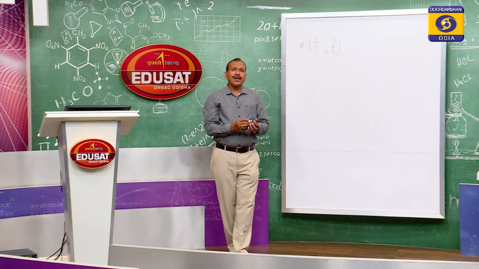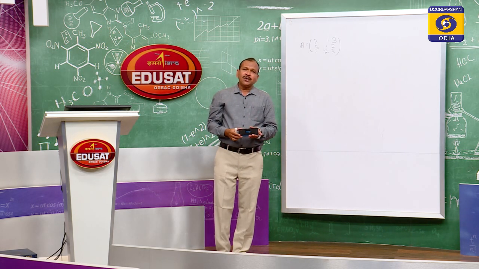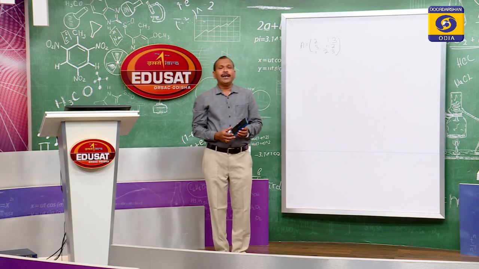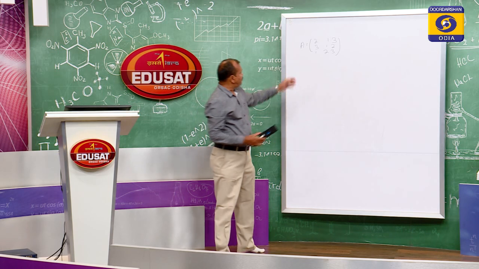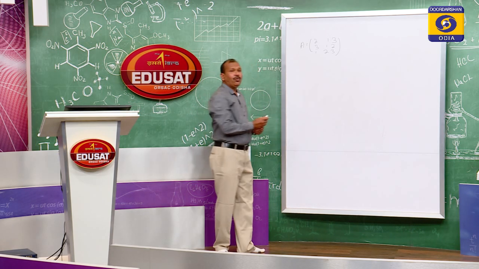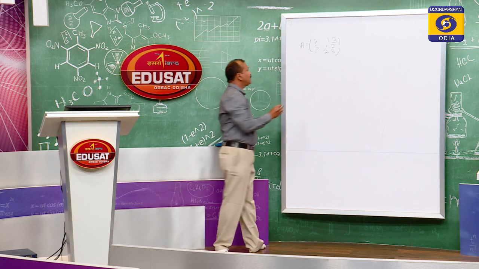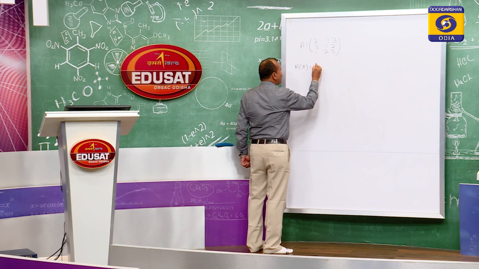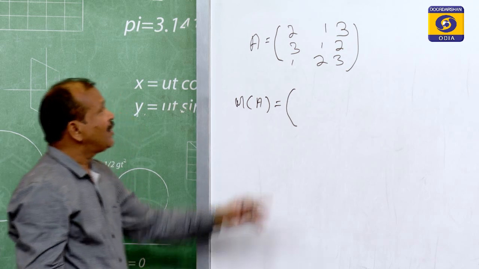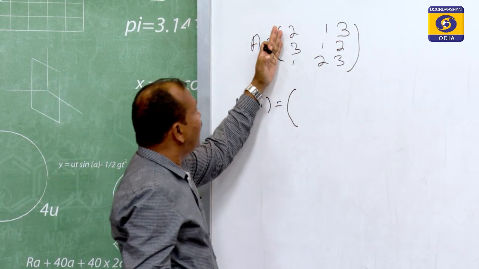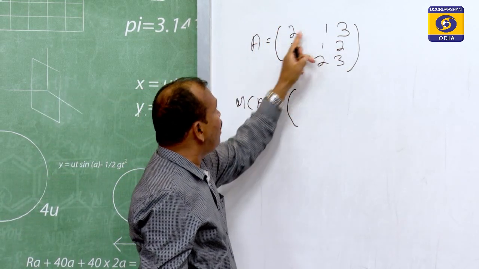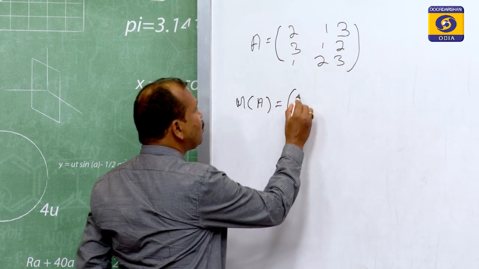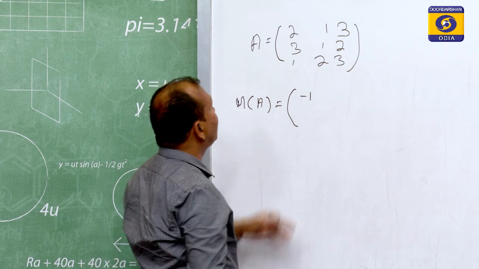Verify A into adjoint A is equal to adjoint of A into A is equal to determinant of A into the identity matrix. So, first we have to find the minor matrix. So, minor of A: the minor of 2 becomes, deleting this row and column, 3 minus 4, that becomes minus 1.